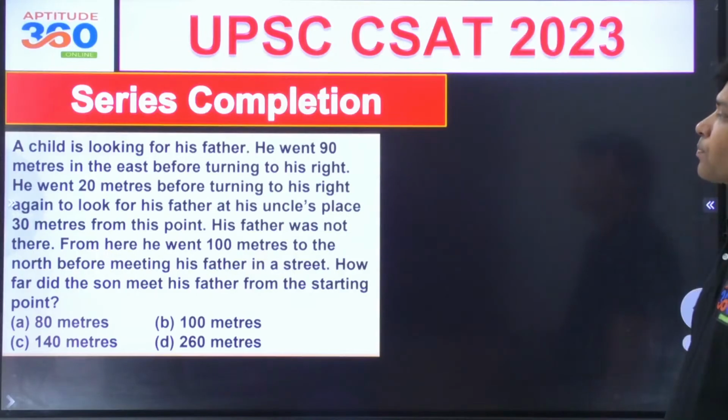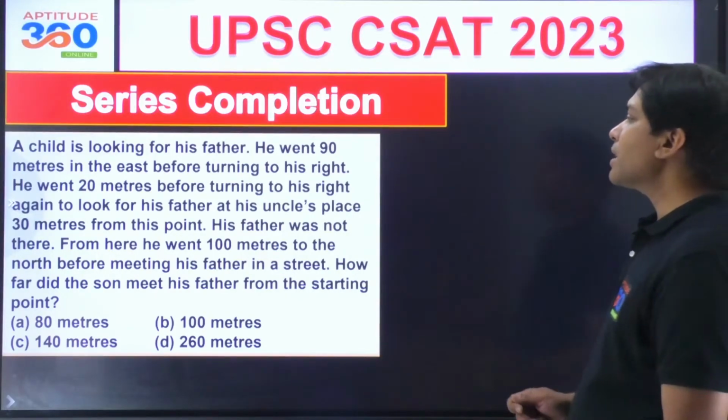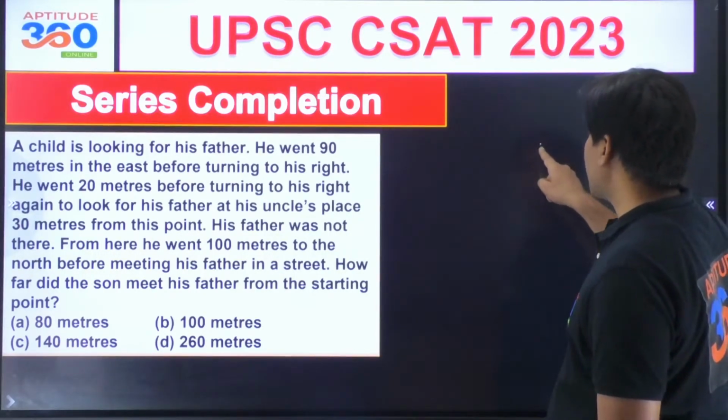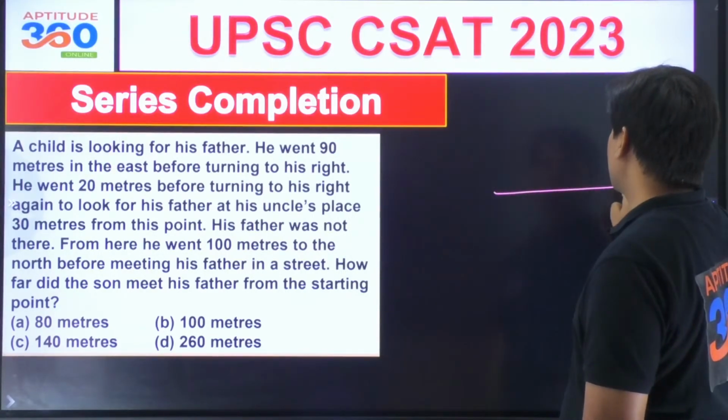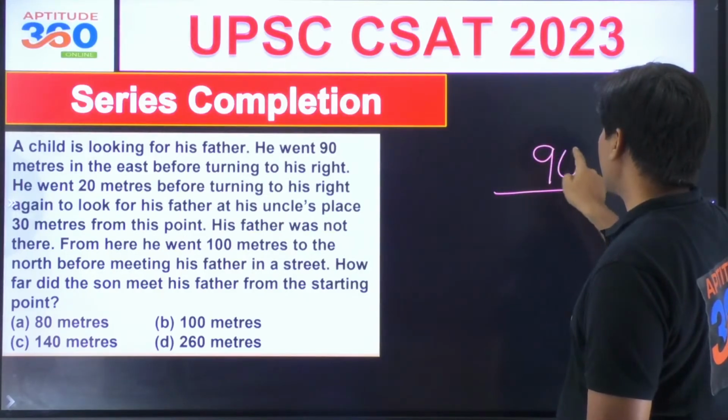Anybody who's getting the answer? He went 90 meters in the east. चलो जी 90 जाने दो इसको east में. Sorry, my bad. 90 in the east. Is this okay?